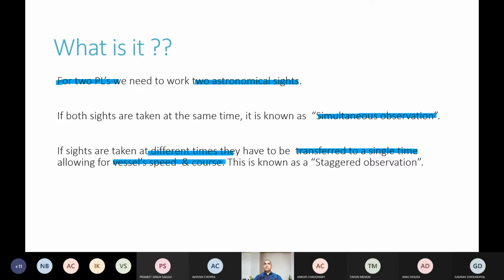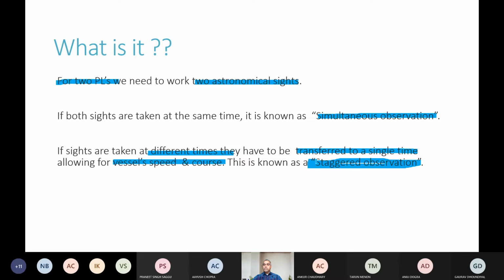So we always transfer the old PL or the previous PL to the most recent position line. But sometimes in some of the questions, you may have to transfer the position line backward also. It all depends upon what is given in the question. So this is known as a staggered observation.